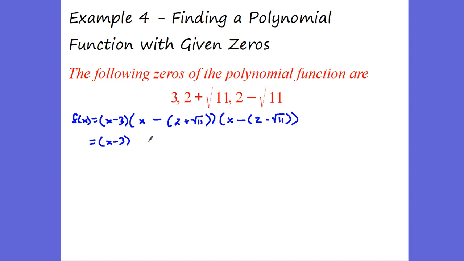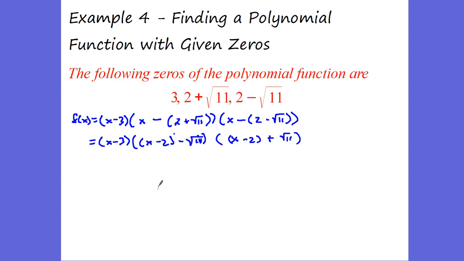In this middle function, I am going to call this x minus 2, just kind of moving the parentheses a little bit, plus square root 11. And here we have x minus 2 minus square root 11. Actually this is minus minus, that's a plus. This is minus plus, that's going to be a negative right there. And so I'm going to fix that a little bit.